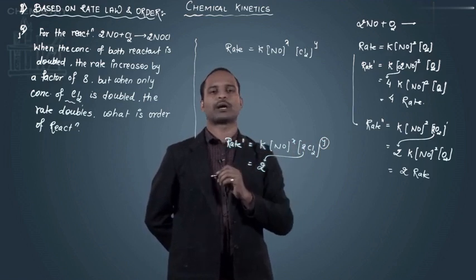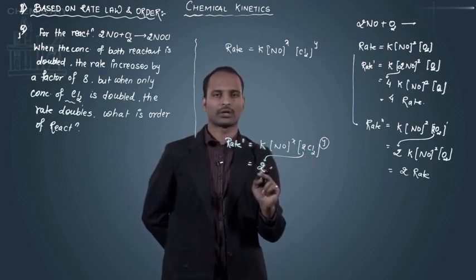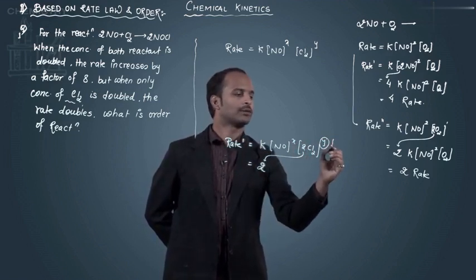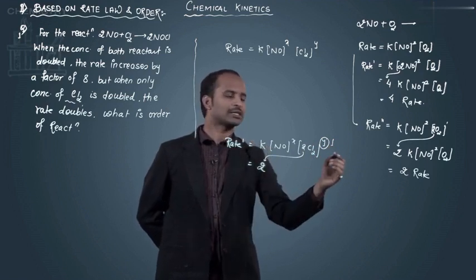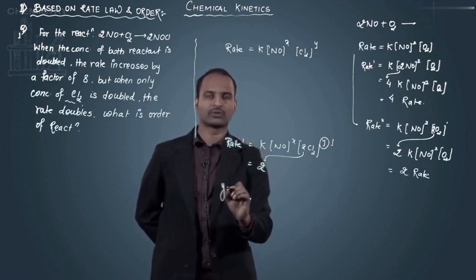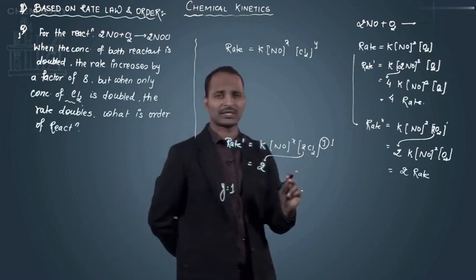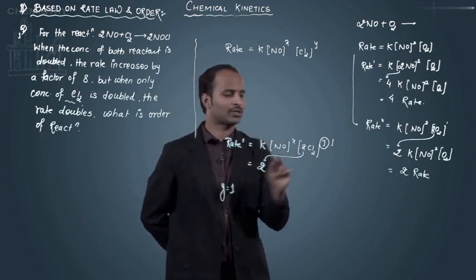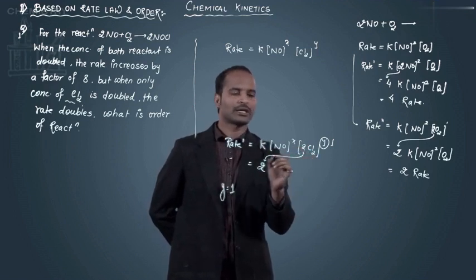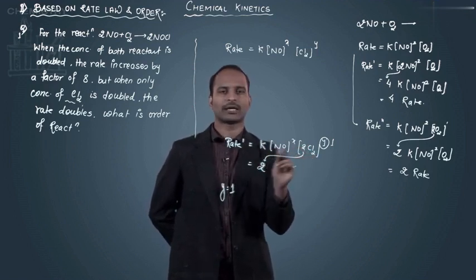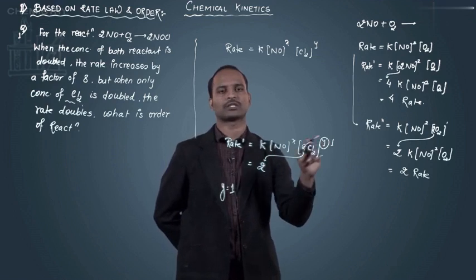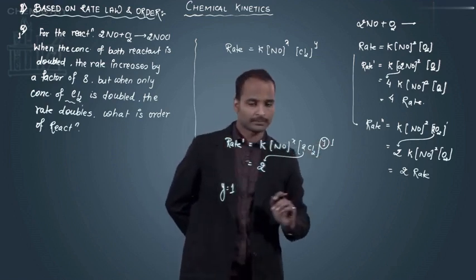What will be the power so that 2 will come out as 2 only? So the power is going to be 1. That means here at least I come to know that the y value is equal to 1, because the change in concentration of the reactant produces the same change in the rate of reaction. That means the number coming outside from the bracket is not changing, and it is possible only when the power is 1.